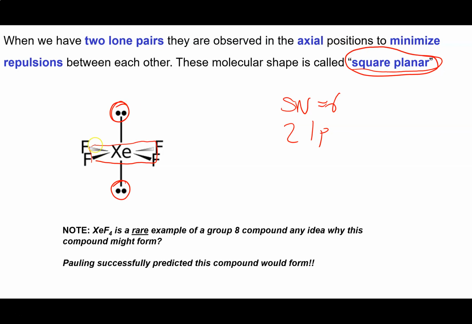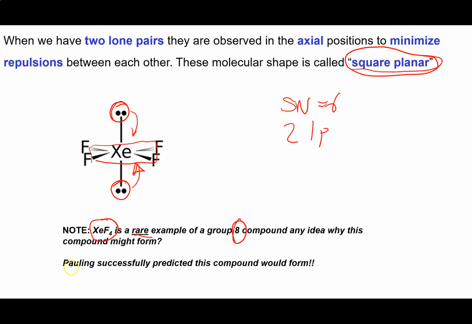Now we're going to see 90 degrees between these attached atoms, and the extra repulsion from that lone pair is cancelled out by the extra repulsion from that lone pair, so we don't see any deviation from ideality. A good example of a square planar molecule is xenon tetrafluoride, which is a very rare example of a noble gas forming a stable compound.